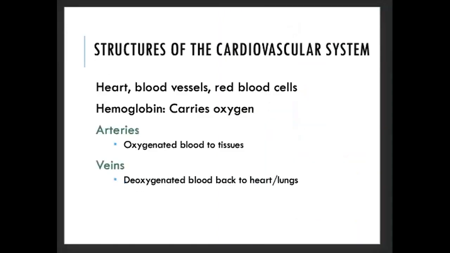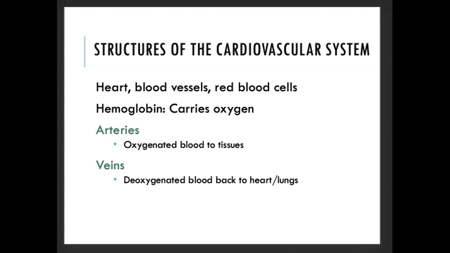So again, we have our heart, which leads to our blood vessels that carry our red blood cells. Red blood cells are made up of hemoglobin and hematocrit. Your hemoglobin is going to be your oxygen carrier.